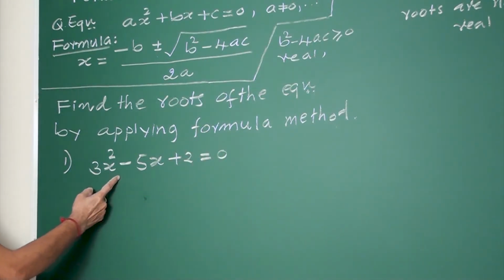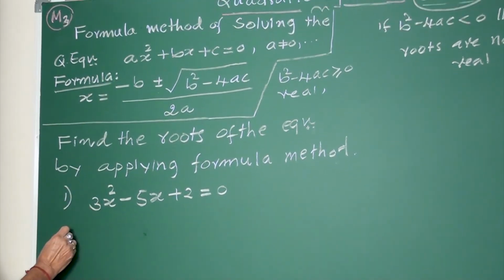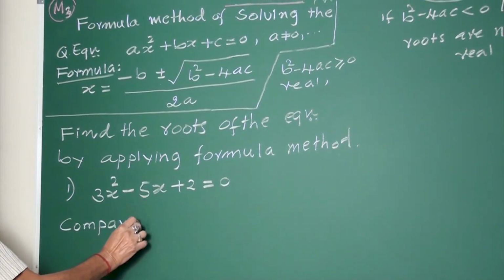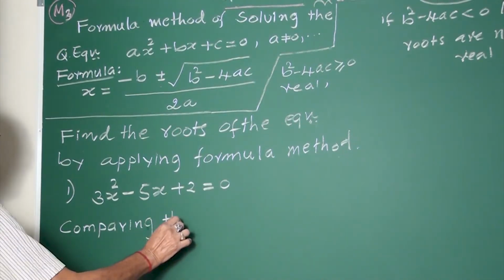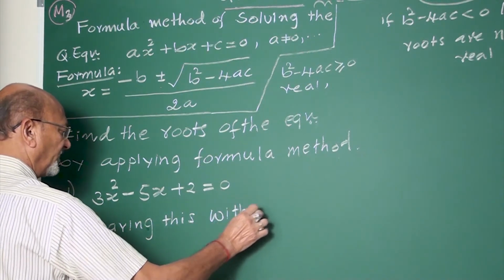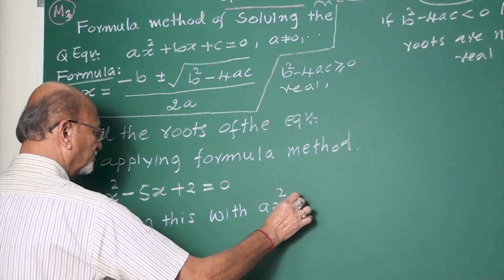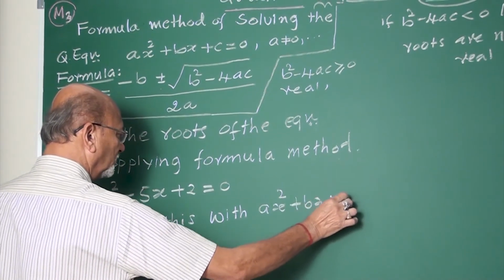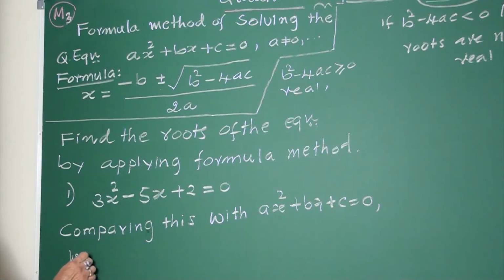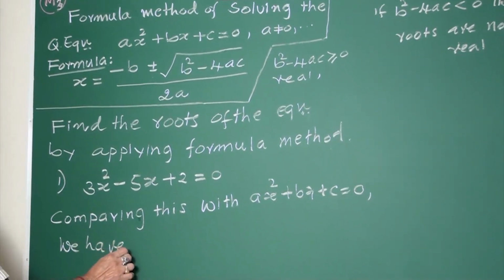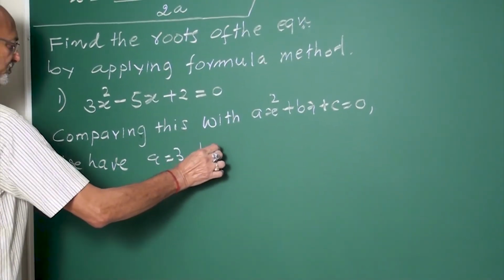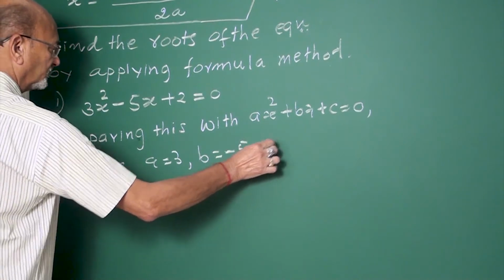You have to compare this with the standard equation ax square plus bx plus c equal to 0. We have a is 3, b is minus 5, c is 2.